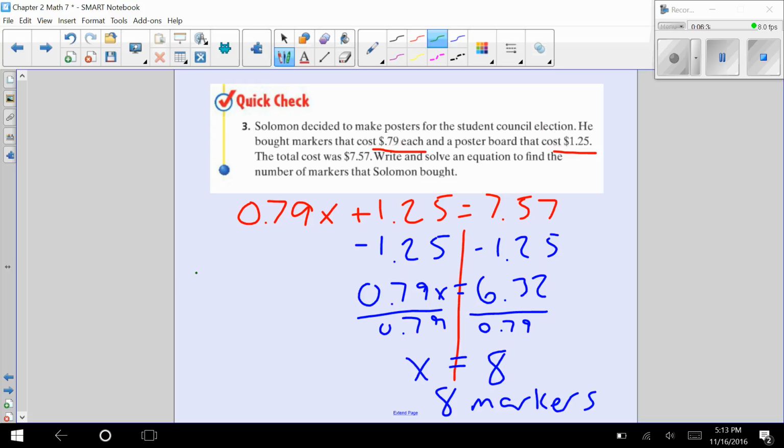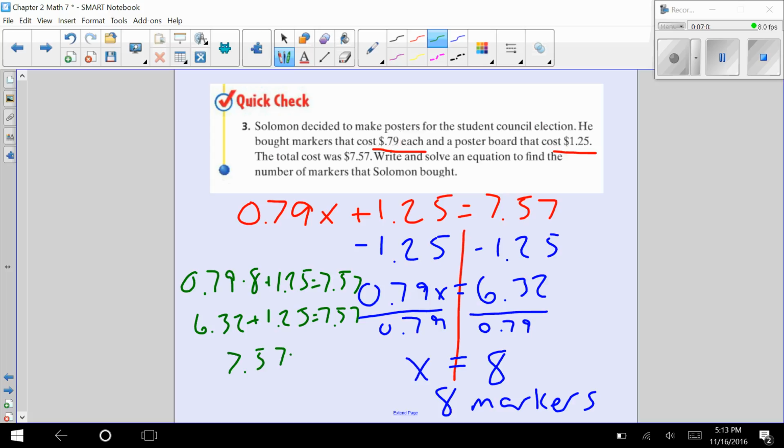Let's double check this. 0.79 times 8 plus 1.25, hopefully that equals 7.57. Well, 0.79 times 8 is 6.32 plus 1.25. So 632 plus 125 is 757. So it checks out. We got the right answer.